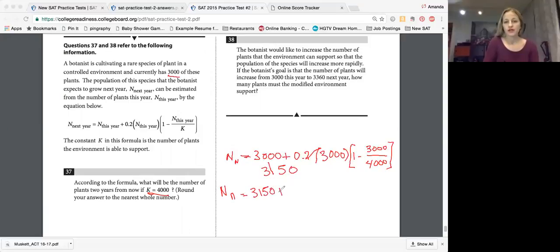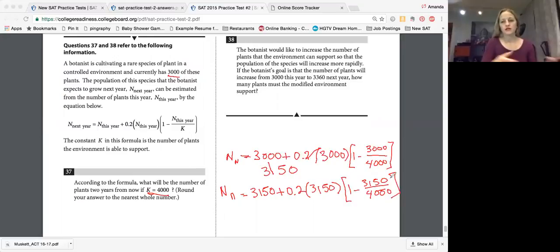So where I had 3,000 is now being replaced with 3,150 because that would be this year's plants now after year 1. And so I solve that again.